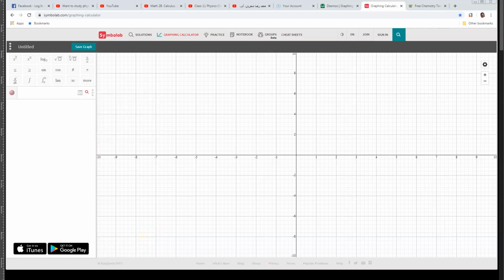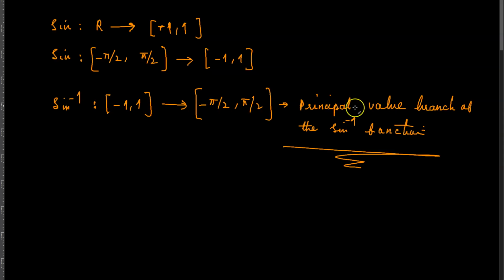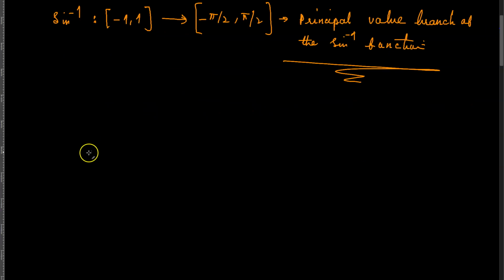Normally what you would get is that you can imagine that this whole function is basically moved in a counterclockwise direction by 90 degrees, and then you would get the whole function something like this.